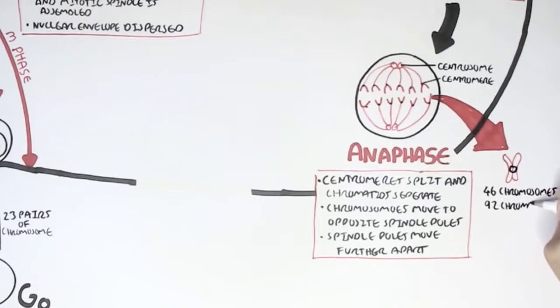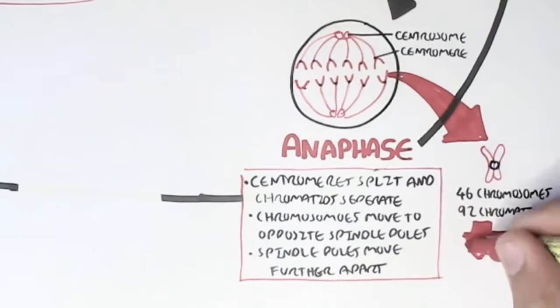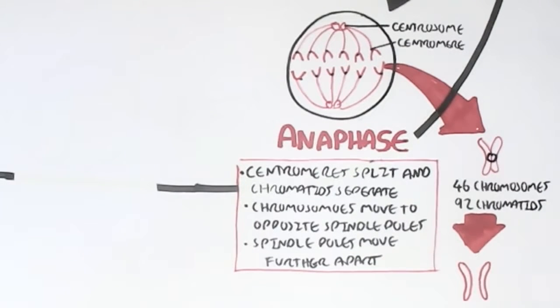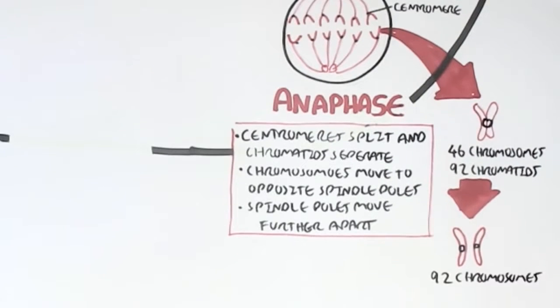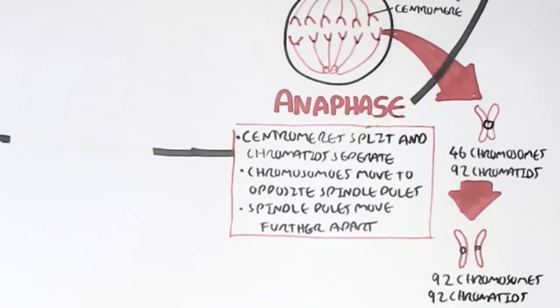During anaphase, the microtubules with the centrosomes will split this apart, forming 2 chromosomes, each with 1 chromatid. Therefore, in total, we would see 92 chromosomes and 92 chromatids in this cell. I hope this makes sense.